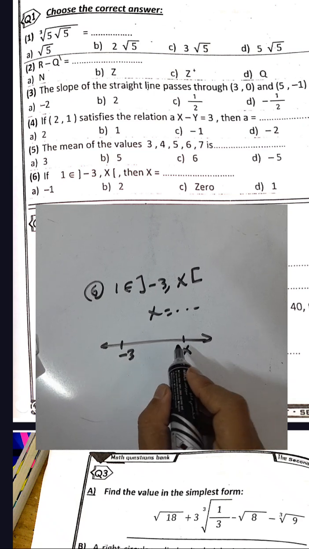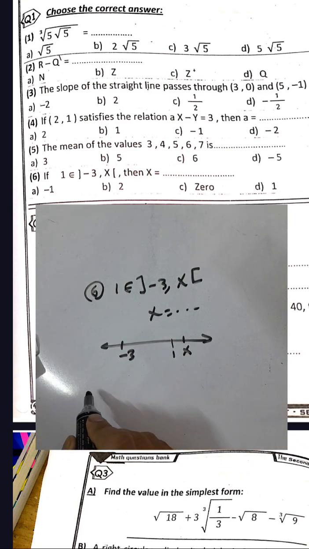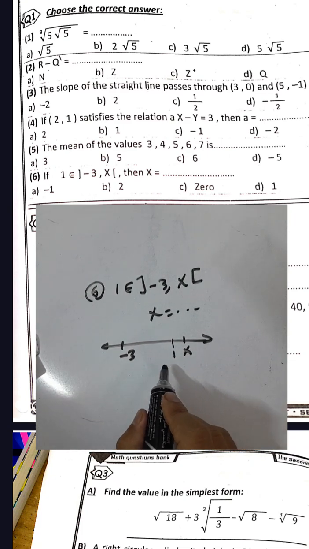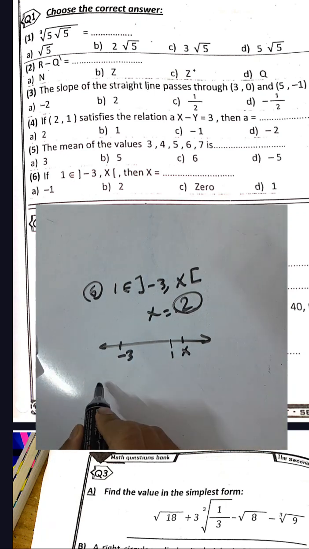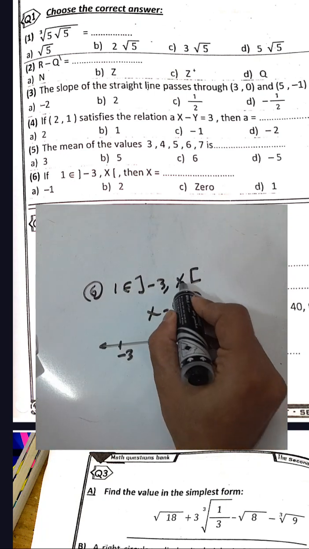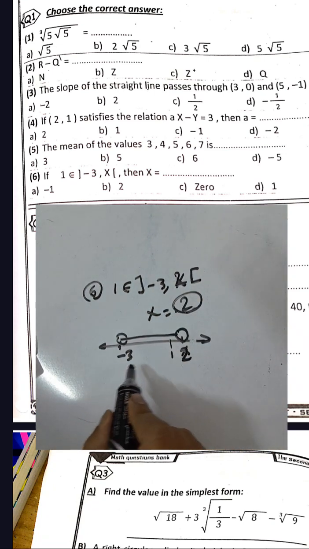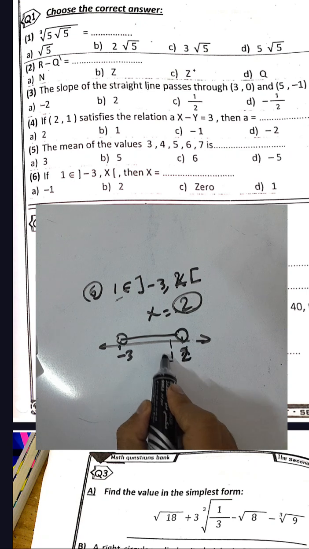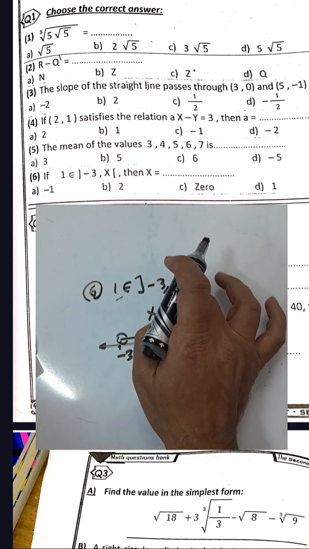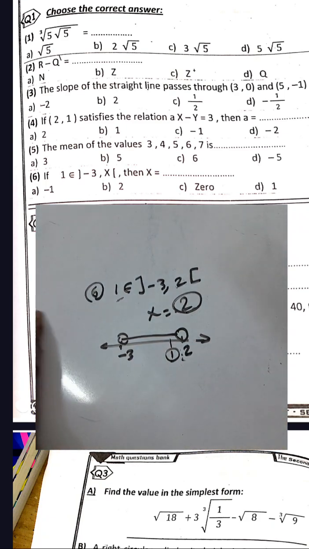We have here 1 not belonging to x, then x is greater than 1. Then x here will be equal to 2, because this interval is from -3 to 2. It will be open. And 1 belongs to the interval, so x here must be 2. The value of x will be 2.